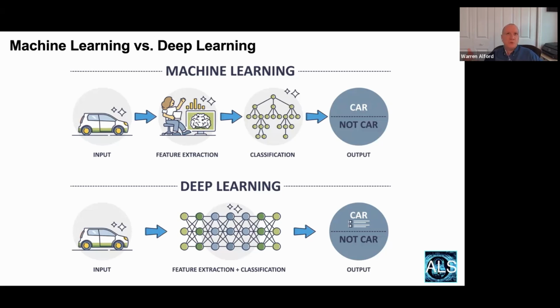The difference between machine learning and deep learning is that deep learning takes the feature extraction and combines that with the classification, and it does it all at once. And it's really not limited to a certain algorithm or a certain way that those neurons fit together. In other words, it can do its own classification.